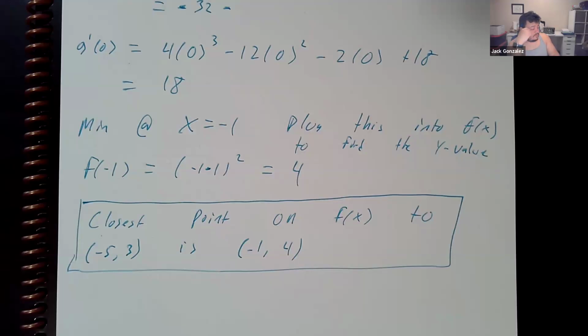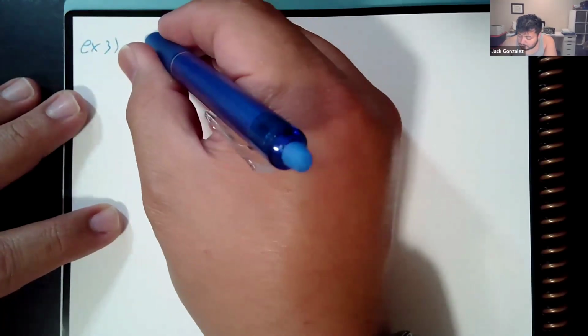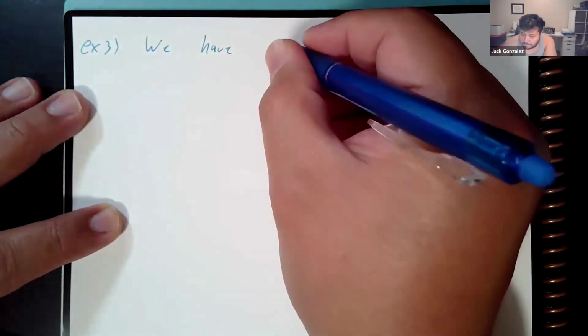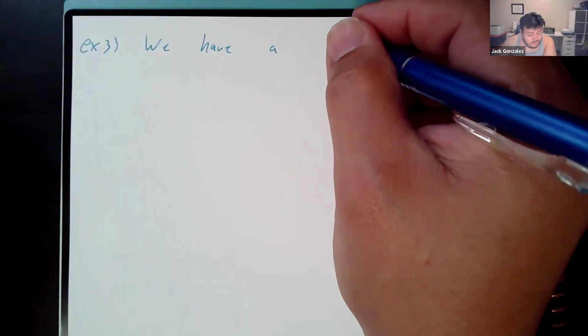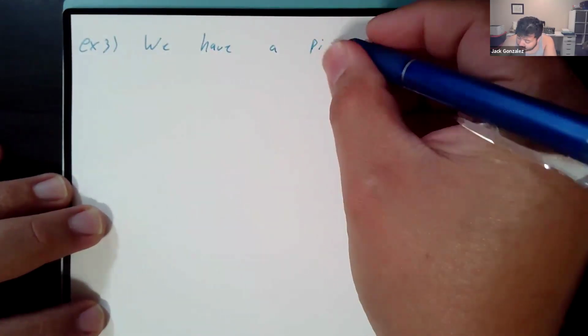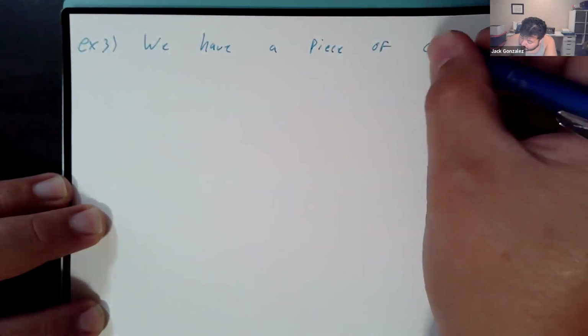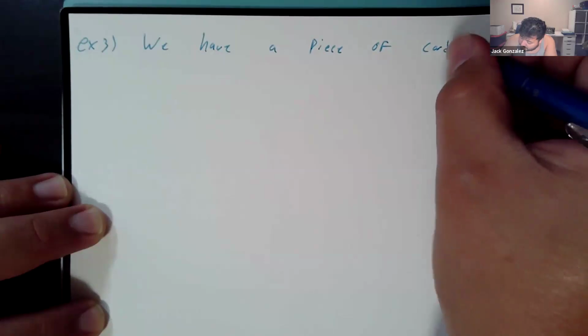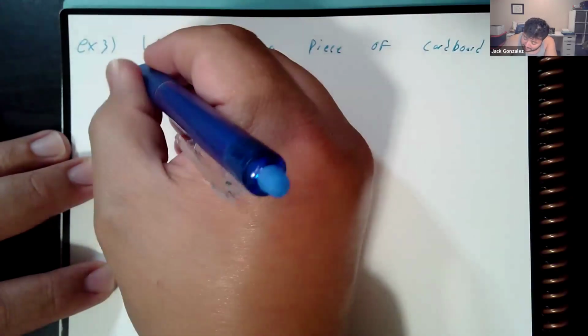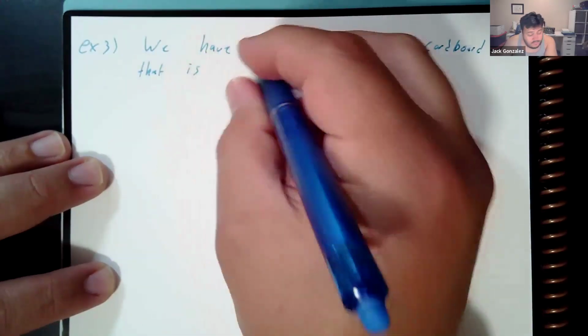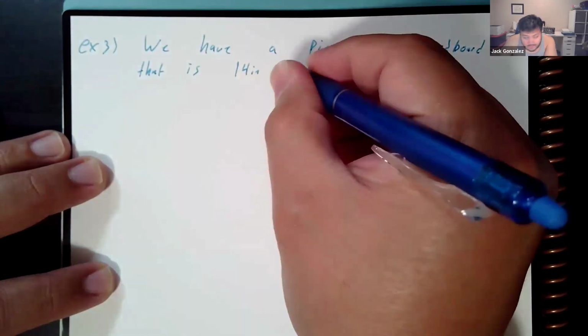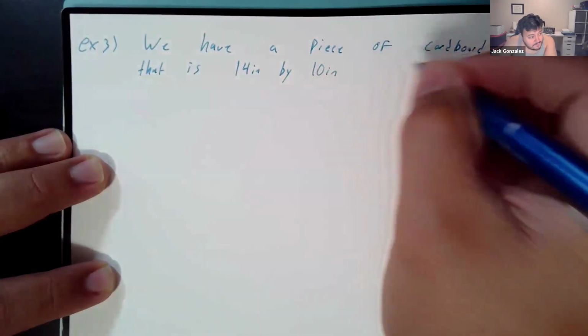Let's do the cardboard box thing. So we have a piece of cardboard that is 14 inches by 10 inches.